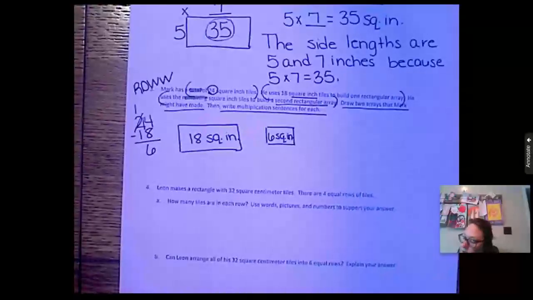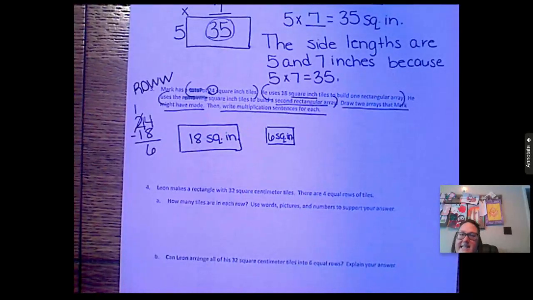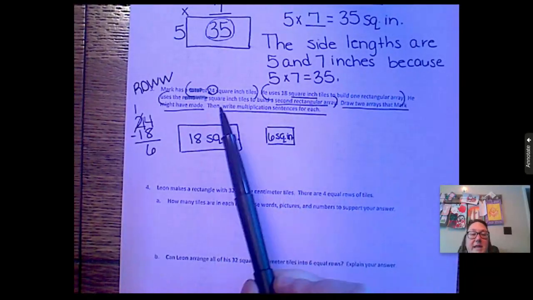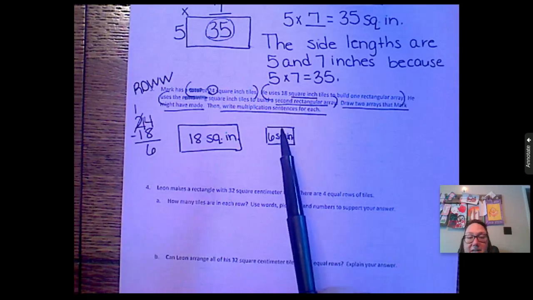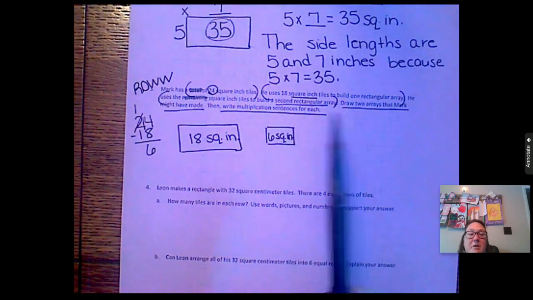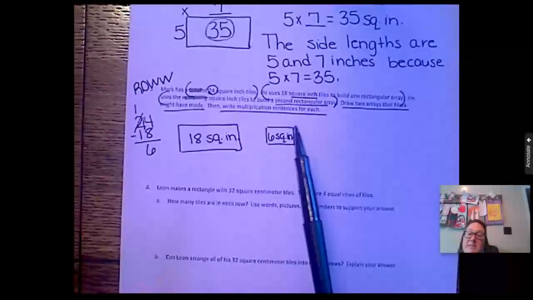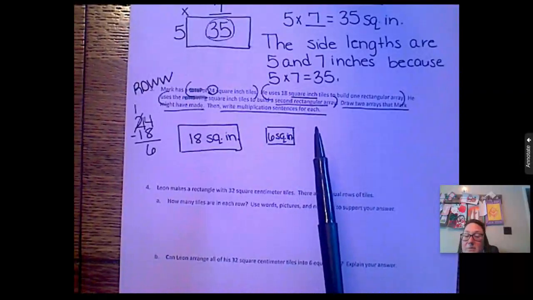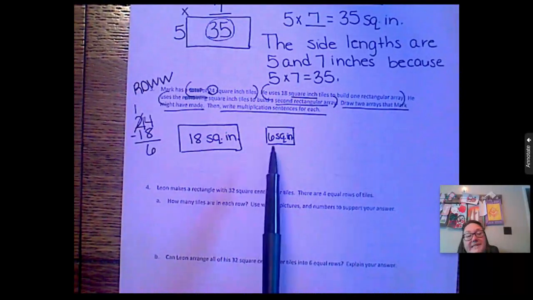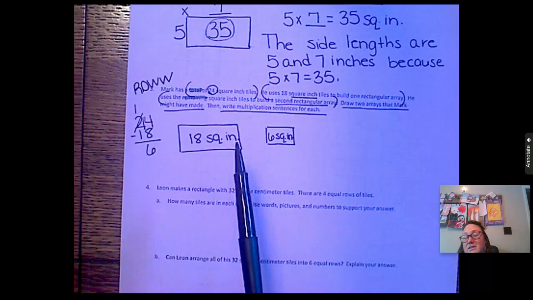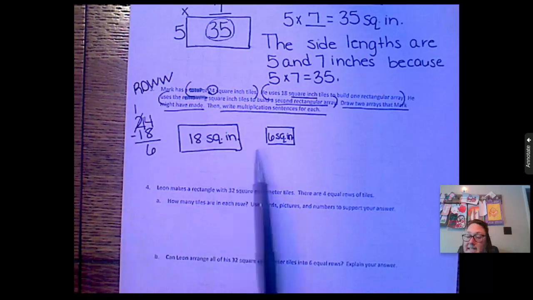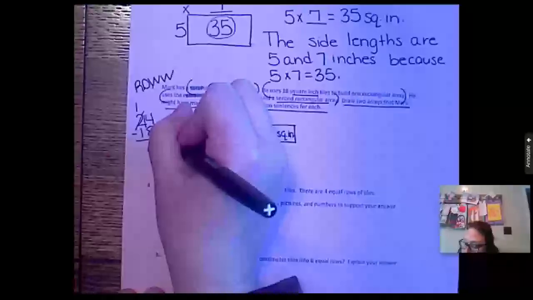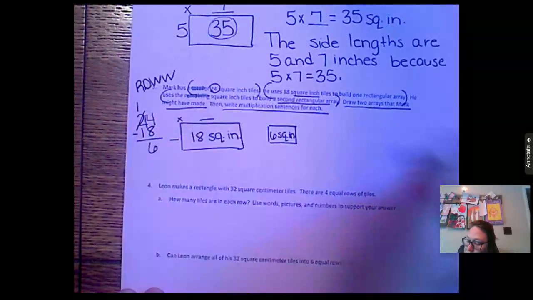All right, let's see. Are we done? What else is it asking us? He uses the remaining square inch tiles to build a second rectangular array, draw 2 arrays that Mark might have made, then write multiplication sentences for each. So basically we know the areas of both, but we need to figure out what could our side lengths be for this. So like what times what equals 18.